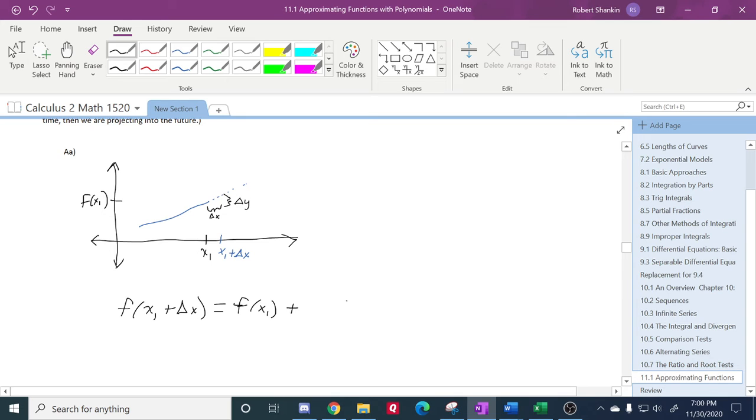Well, we know delta x, it kind of depends on what the delta x is. If the delta x is 0.01, you're not going to add very much. But if the delta x is 6, it's going to be way out there. What do you multiply the delta x by? Well, you multiply it by the change in y over the change in x.